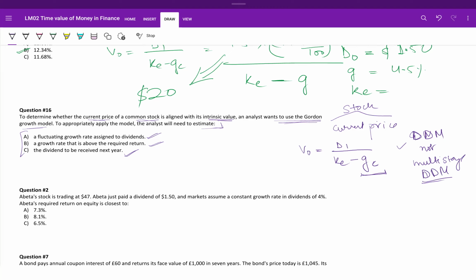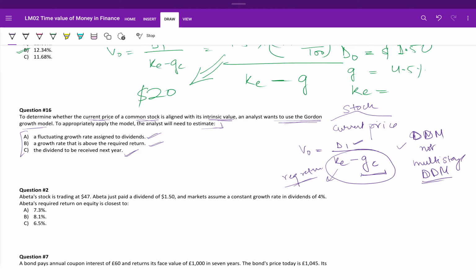This takes the next period's dividend and divides it by the difference between the required return and the growth rate. The growth rate is assumed to be constant, and it must be below the required rate. If it's not below the required rate, this becomes a negative value and doesn't make sense.